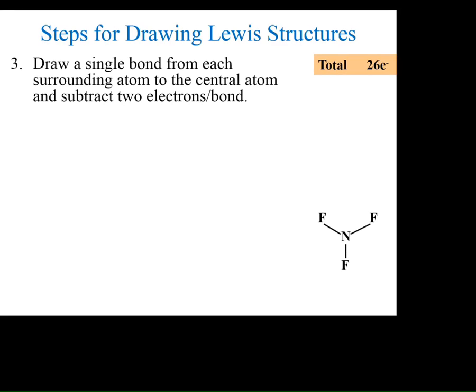If I draw 3 bonds, how many of my 26 electrons did I just use? I just used 6, so I'm going to subtract 6 from my total. That leaves me with 20. So you're going to keep a nice running total going. I had 26, now I've used 6, so I still have 20 left to account for. It's going to keep going until we hit 0.